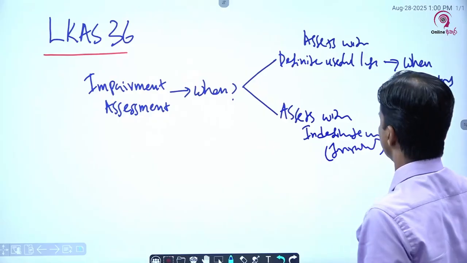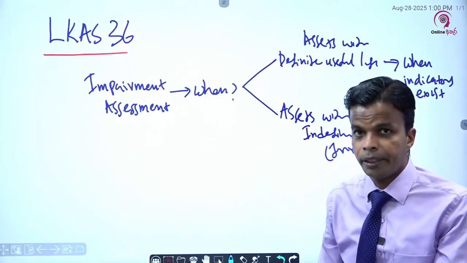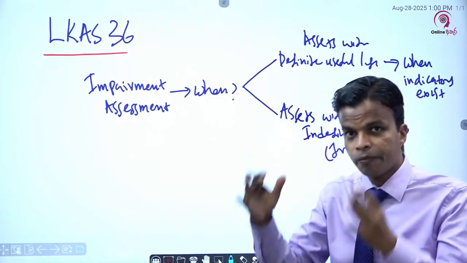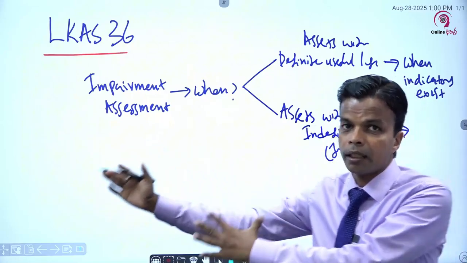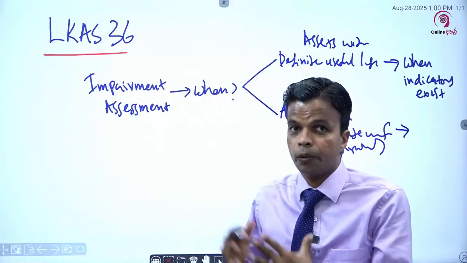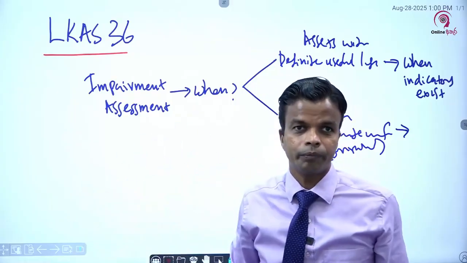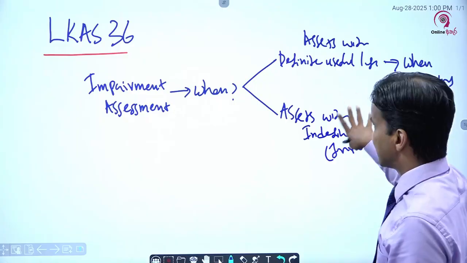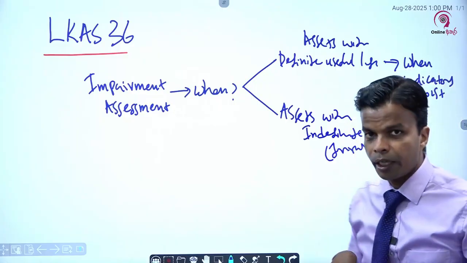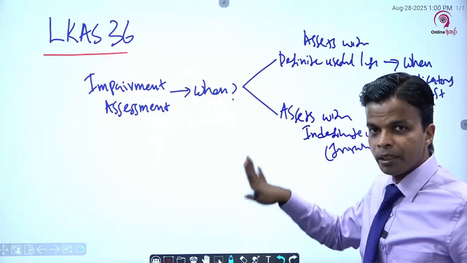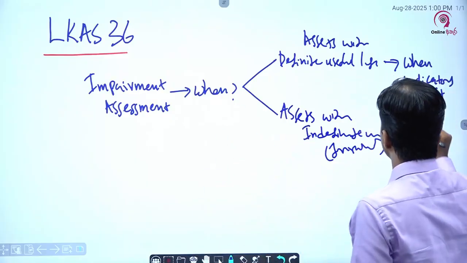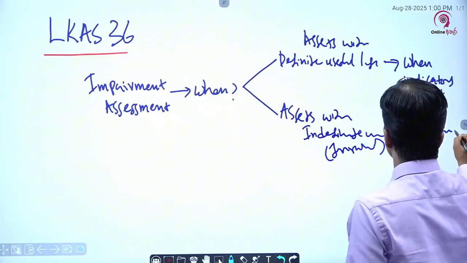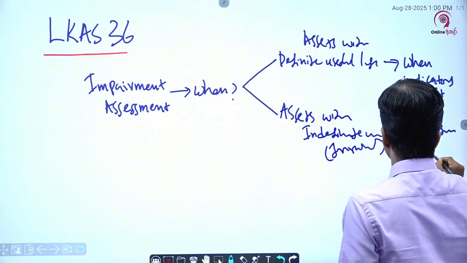Here it is mandatory at the end of each year that you do an impairment assessment regardless of whether indicators are present or not, regardless of the outcome. If it is an asset with indefinite useful life, an impairment assessment at the year end is mandatory.